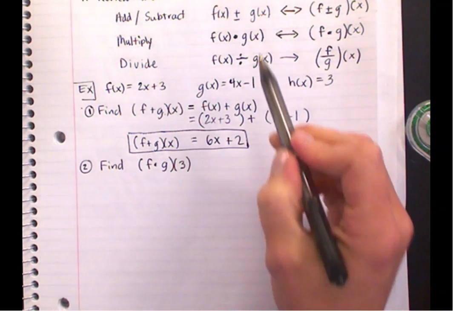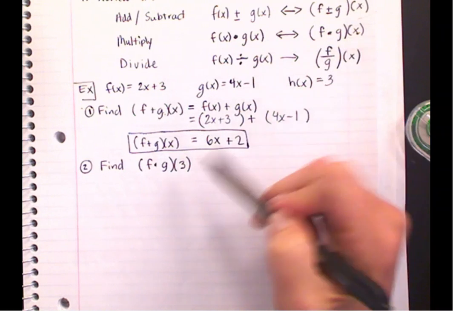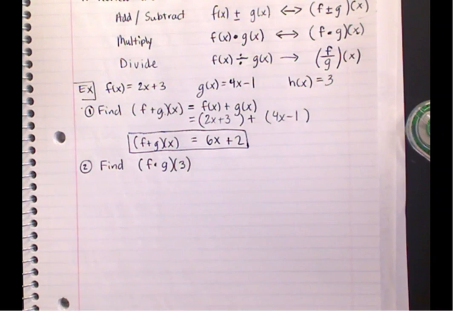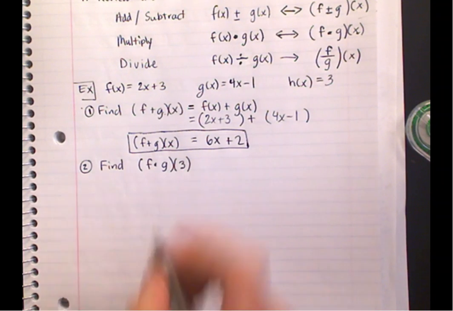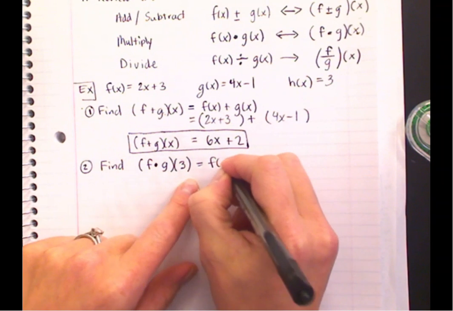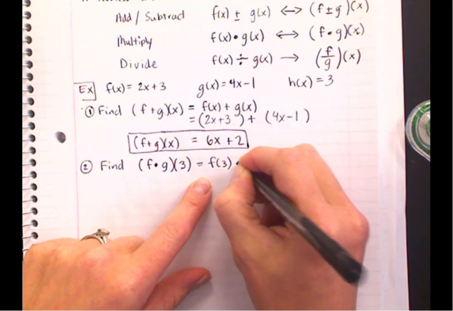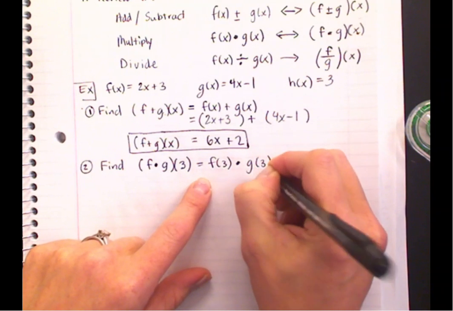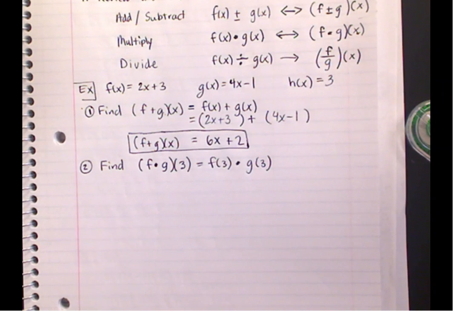That just means that 3 is the x number. Now I am not multiplying by 3. I know those parentheses make you think multiply, but we have to convert it to the other notation: f of 3 times g of 3.